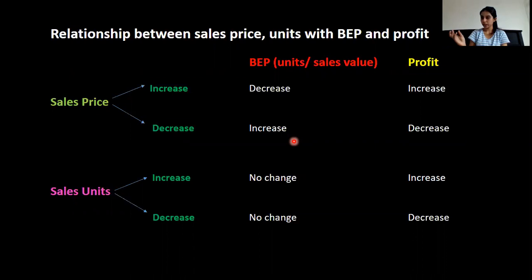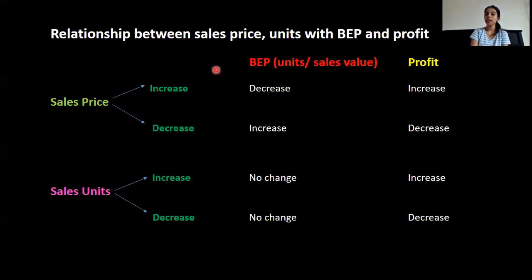How do we calculate the contribution? Selling price minus variable cost. So if we write the formula like this, total fixed cost divided by selling price minus variable cost, the selling price is a component within the denominator. When we increase a component within the denominator, the answer will decrease. That is the reason why break-even point in units decreases.